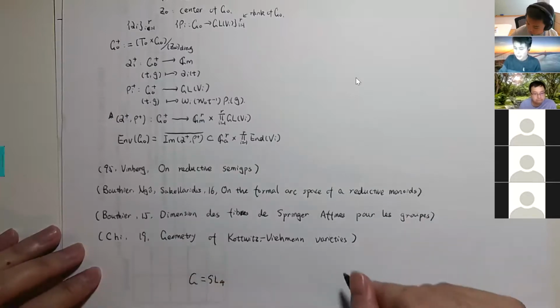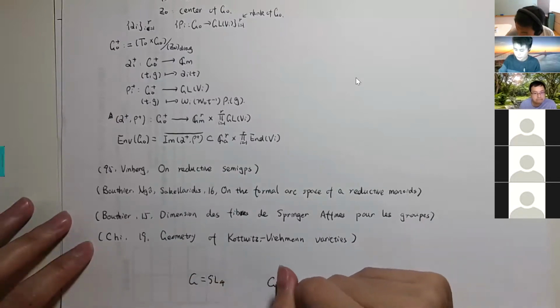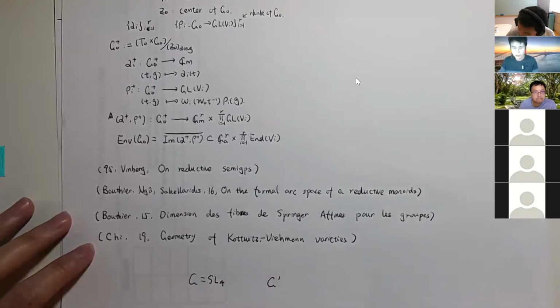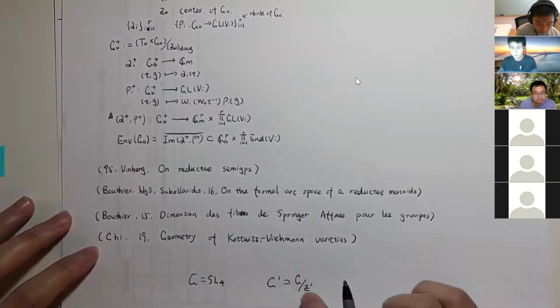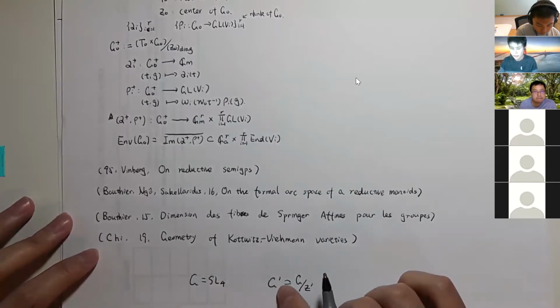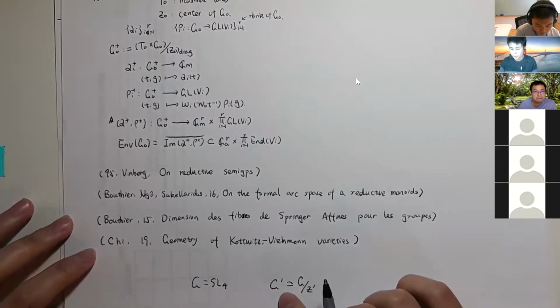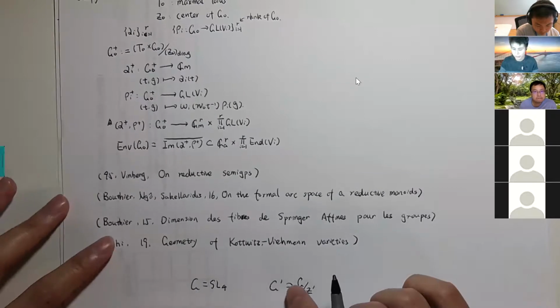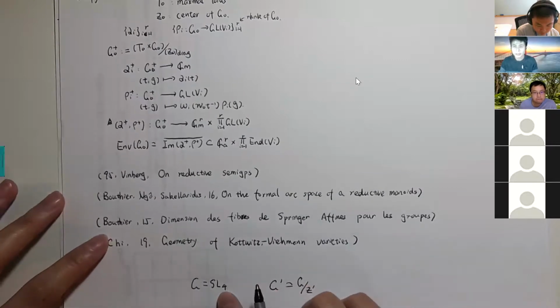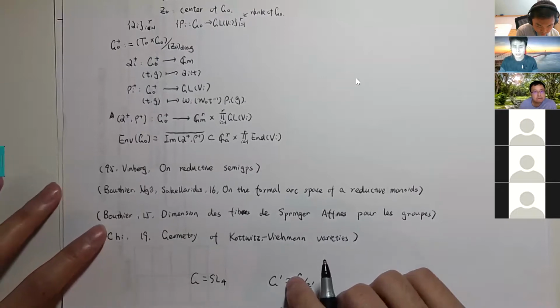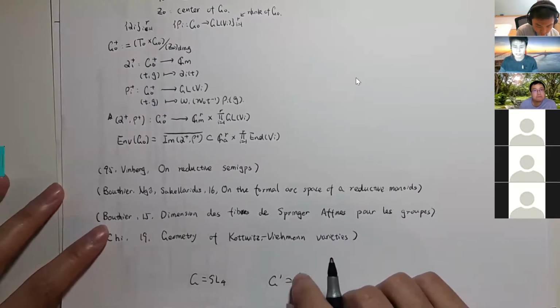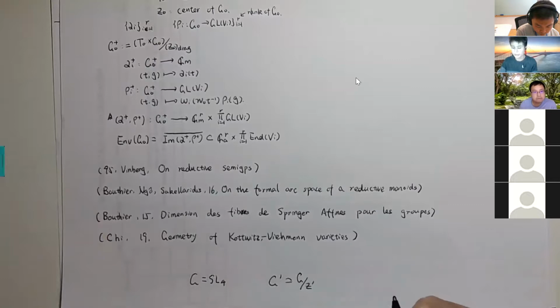You are looking at other semi-simple groups, which are quotients of SL4 by a central subgroup. So this G prime is a semi-simple group which has the same Lie algebra as SL4. That is the case defined by those other types of perfect submonoids of dominant weights.